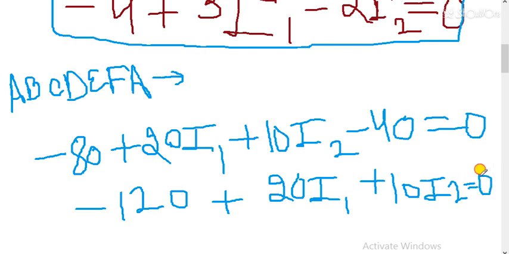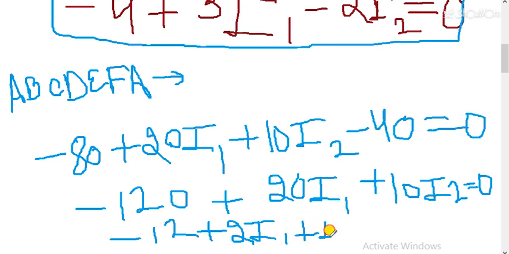So taking 10 common, the equation will become minus 12 plus 2 I1 plus I2 equal to 0. So students, in this type of question, it will consume some time.